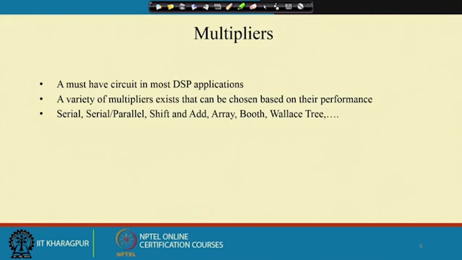So the architectures are serial, serial-parallel, shift and add, array, Booth multiplication, Wallace tree multiplication, Dadda multiplication, hybrid multiplication, and recently people have developed Vedic multiplication. So many multiplication architectures are there.